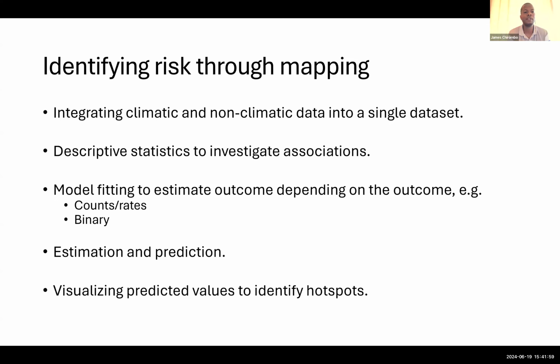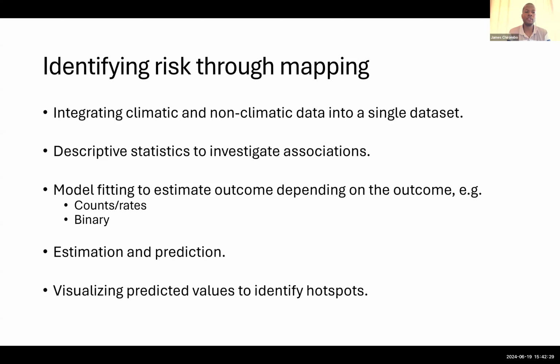Then that's going to facilitate the descriptive statistics that you might want to do on the data, like checking whether there are associations between a disease and climatic variables or socioeconomic variables, doing all these statistical tests to have an idea of the strength of the association before you move forward and do the mapping itself.